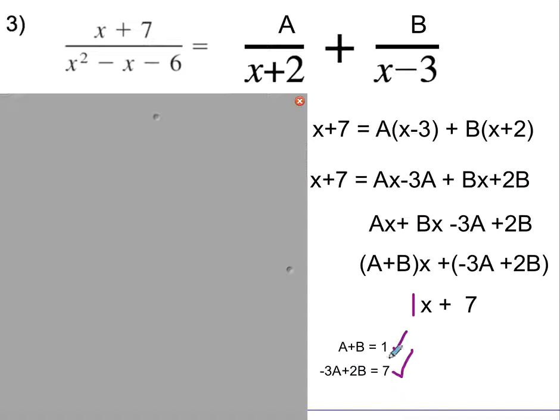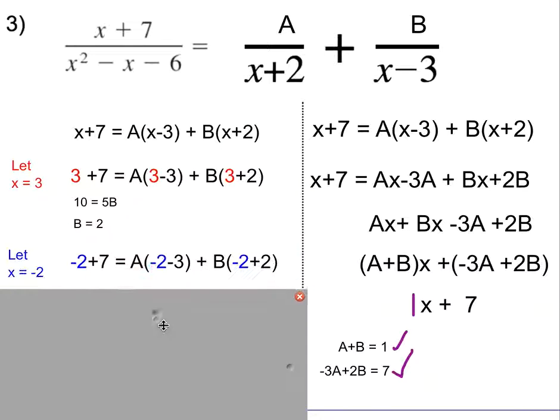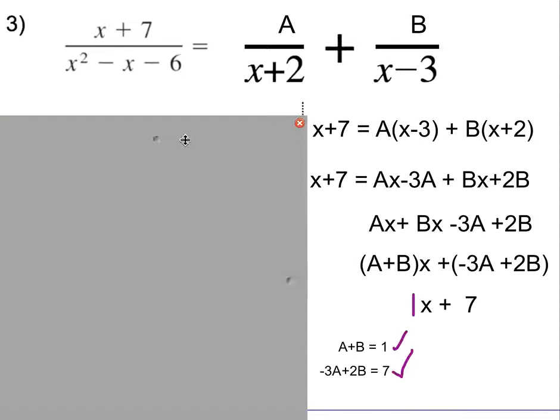So what we're working with now is a system of equations that we have to solve. As you can see, this ends up being a lot more work than the method I just showed you. But this is a method you would have to use for repeated linear or quadratic factors.